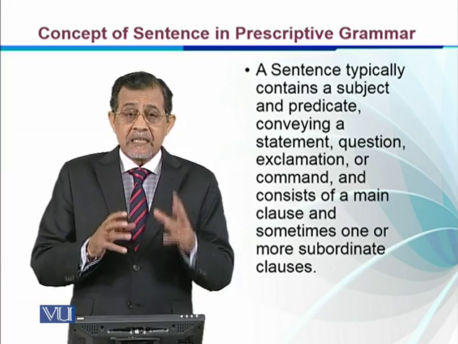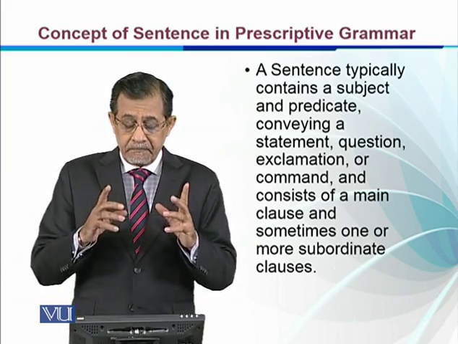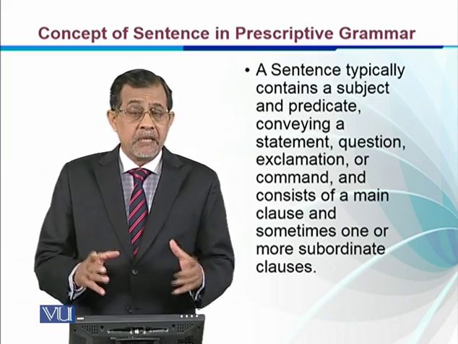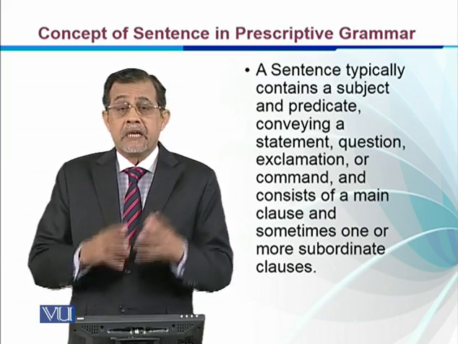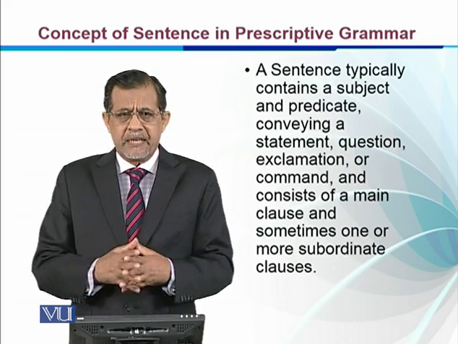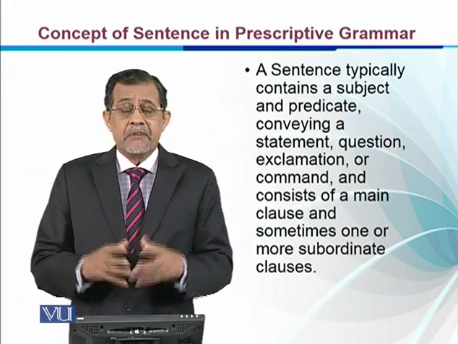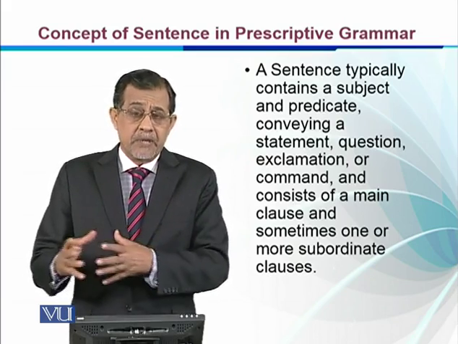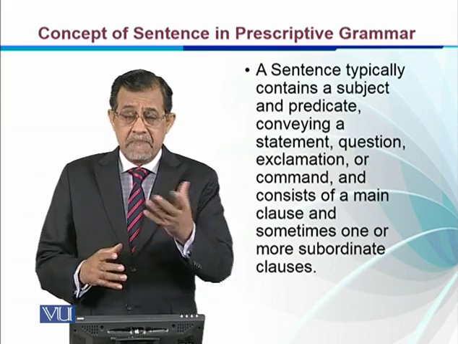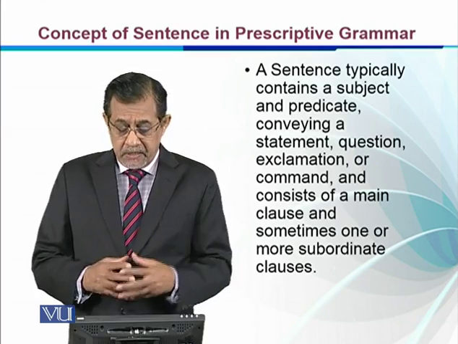So a sentence typically contains a subject and predicate conveying a statement. We know that sentences are of different types: statement sentences, which we call declarative sentences; a question, an interrogative sentence; exclamatory or optative sentences; or a command, an imperative sentence, that can have a request or some other command.